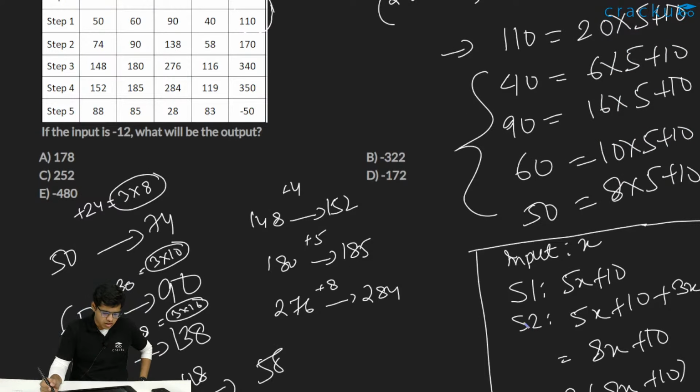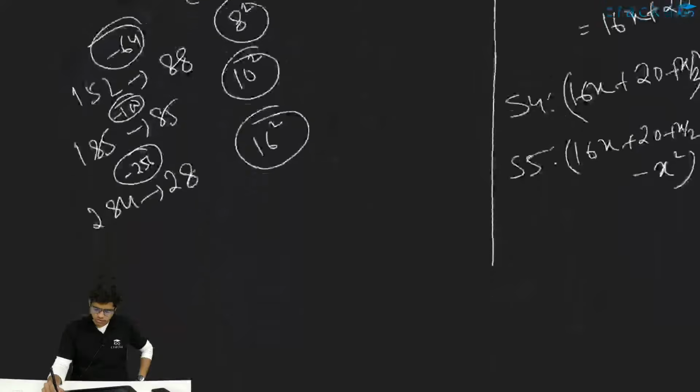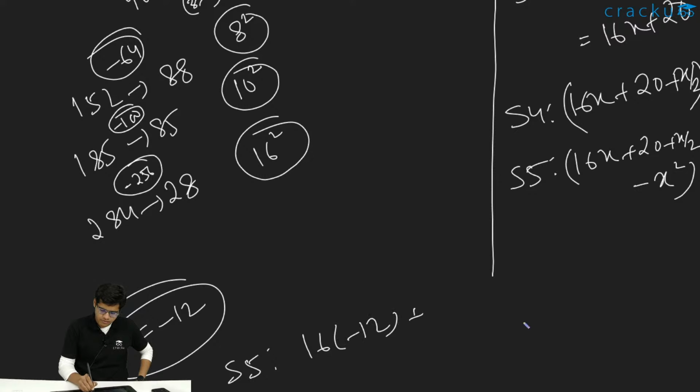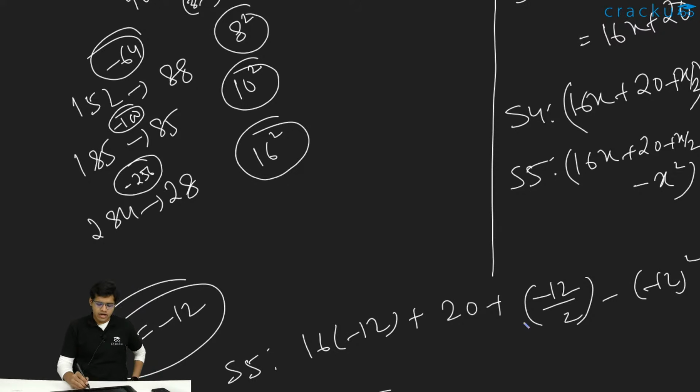Let's try to answer the questions. If the input is minus 12, what will be the output? So input x is minus 12. So what will be the step 5 value? Step 5 value will be 16 into minus 12 plus 20 plus minus 12 by 2 minus of minus 12 square. 16 into minus 12 is minus 192 plus 20 minus 6, minus 12 square is 144.